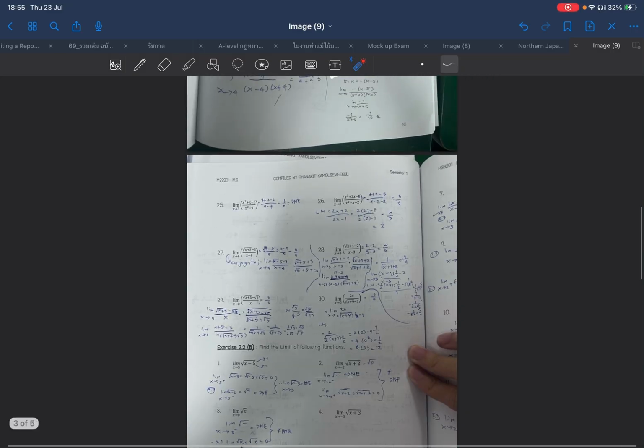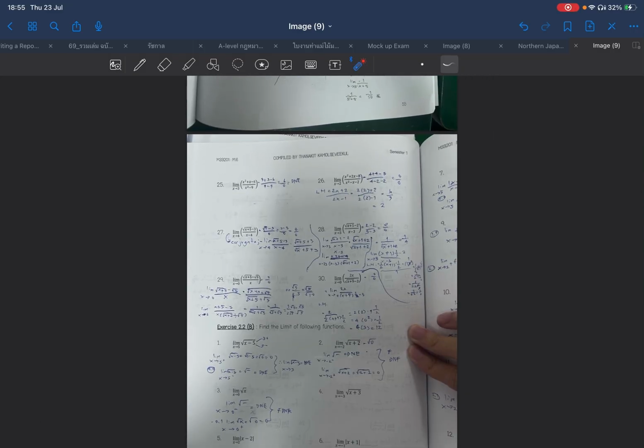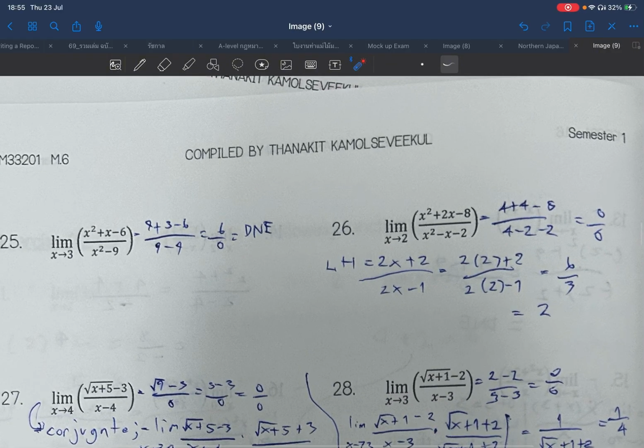Now for page 56. Alright. Number 25, the limit of x power of 2 plus x minus 6 over x power of 2 minus 9 as x approaches 3. So let's substitute x equals 3, so the numerator gives 3 power of 2 plus 3 minus 6.